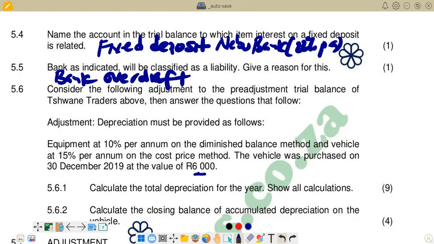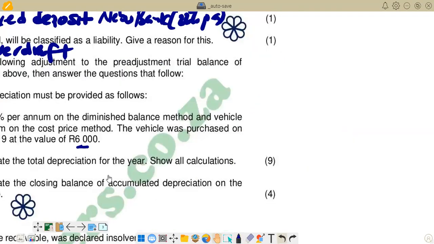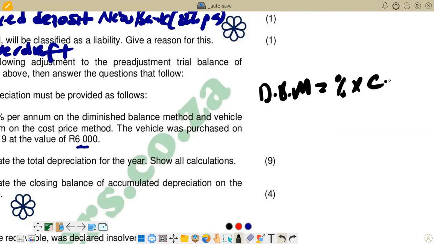Equipment is said to be 10% per annum on the diminishing balance method. And we know that when we are using the diminishing balance method, the formula that we use to calculate depreciation is equal to percentage multiplied by the carrying value, where the carrying value you find by saying cost minus accumulated depreciation.